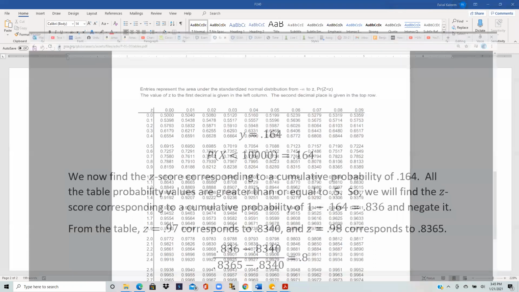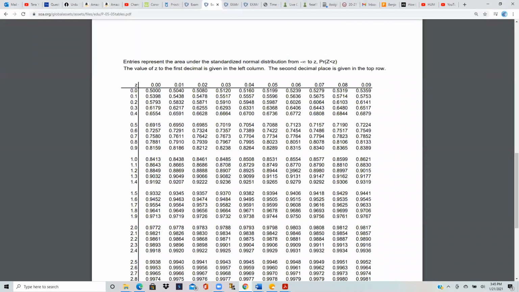Now again, if you look at the table, you don't find 0.836 exactly. You find 0.8340 and you find 0.8365. So 0.836 is somewhere in between these two. So we use interpolation. So z equal to 0.97 corresponds to 0.834, and z equal to 0.98 corresponds to 0.8365.